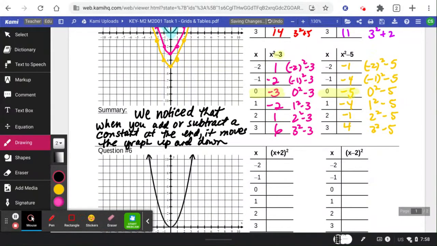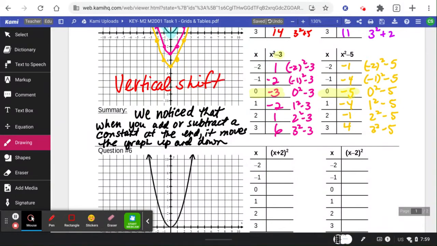What is this called? This is called the vertical shift, up or down.